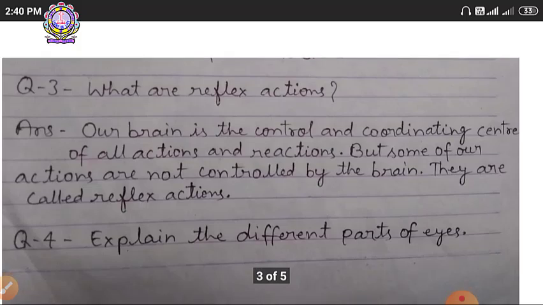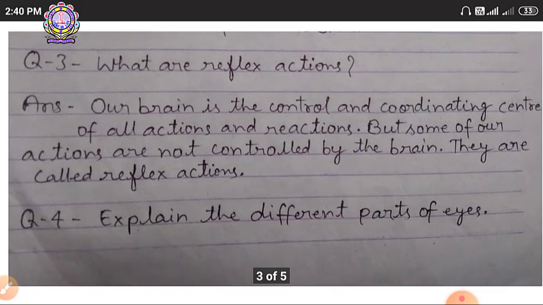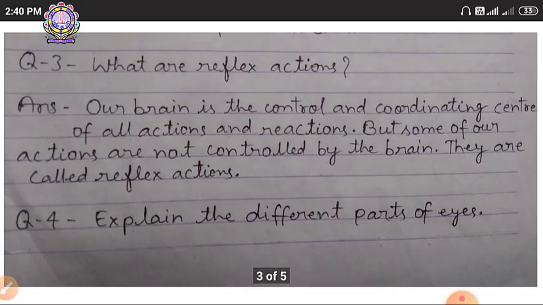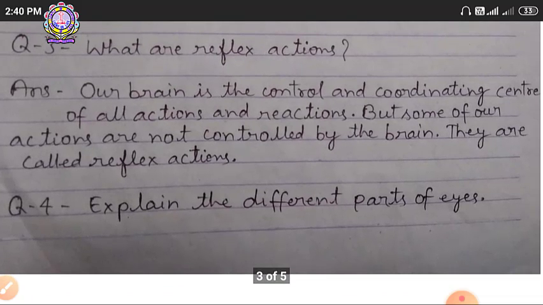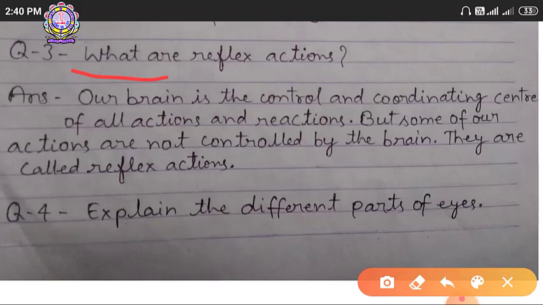Now let's see the third question. Third question is, what are reflex actions?